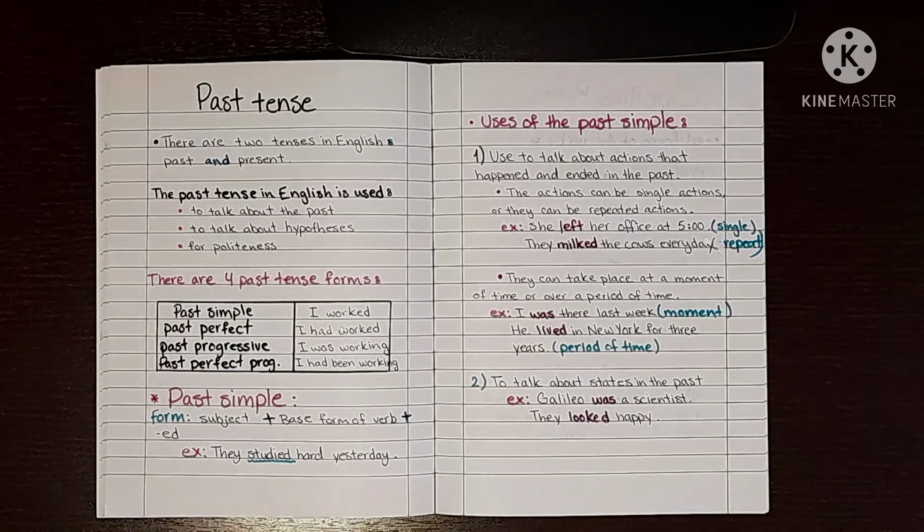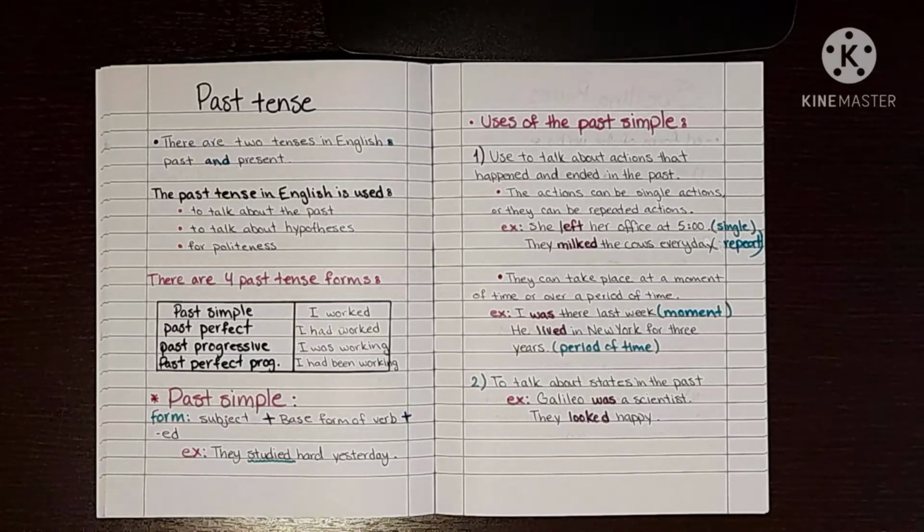I used the same example in all the forms so you could recognize the difference between each form. The past simple, I worked. The past perfect, I had worked. The past progressive, I was working. The past perfect progressive, I had been working.